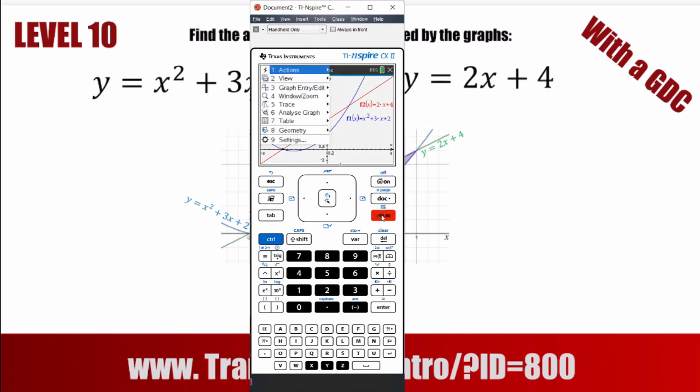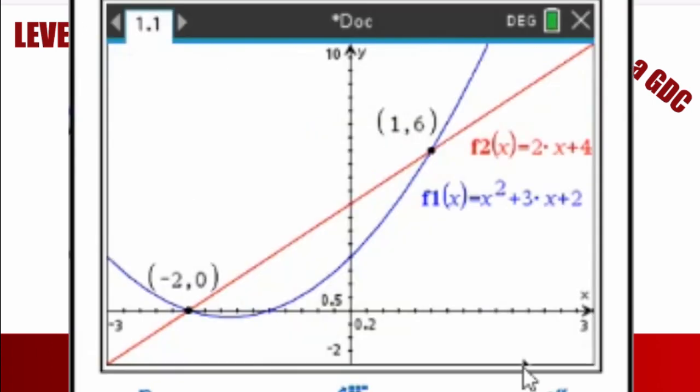And what we need to do now is find out the points of intersection, because those will become the limits of our integration. So it turns out that the leftmost limit is -2 and the right limit is x equals 1. So those are going to be the limits we use for our integration.